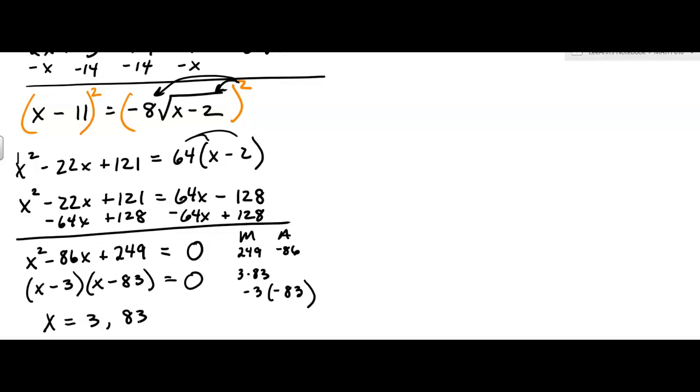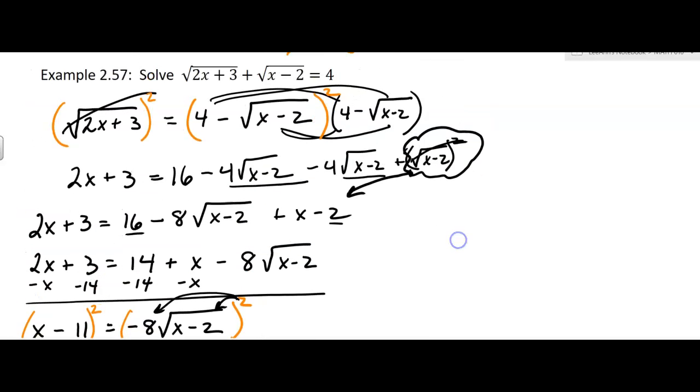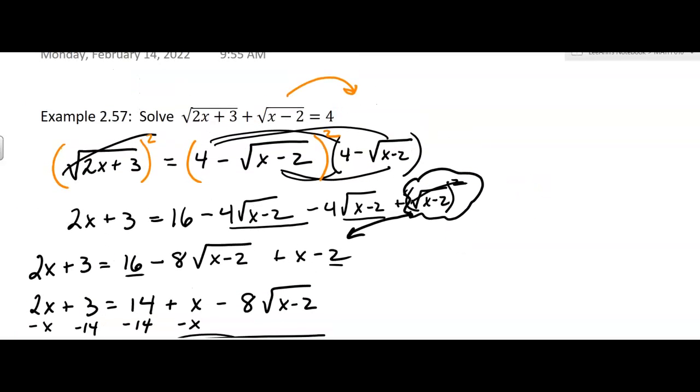Now, I have to check those. Where do I go? All the way back up here at the beginning. Okay, so here comes the check. So I'm going to say the square root of 2x plus 3 plus the square root of x minus 2, does that equal 4? And one of my answers was 3.